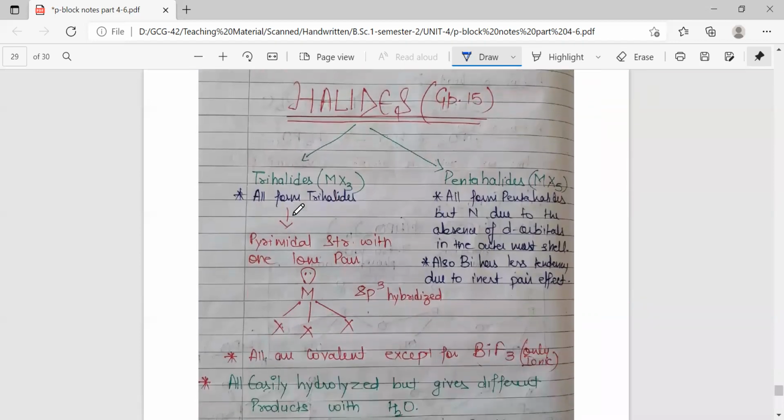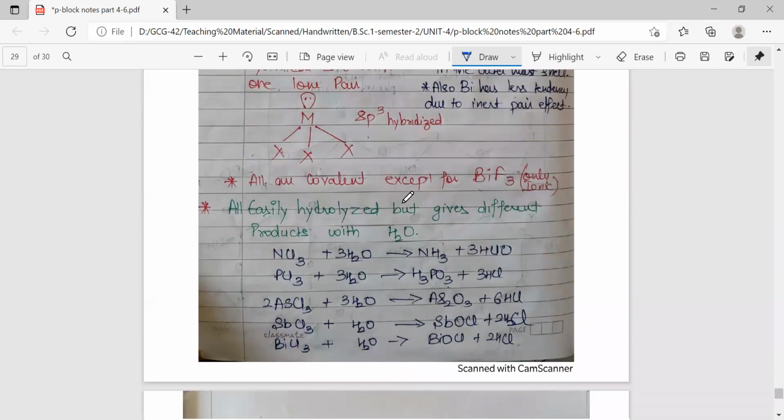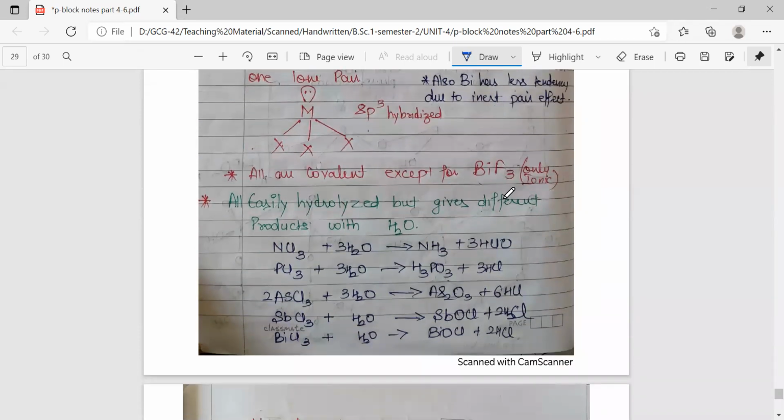Next, we have halides. So generally for the group 15 elements, we have trihalides and pentahalides. All of the elements form trihalides. Trihalides have a pyramidal structure with one lone pair, and 3 halogens are bonded to the central metal, that is the group 15 element. So all are covalent except for BiF3.